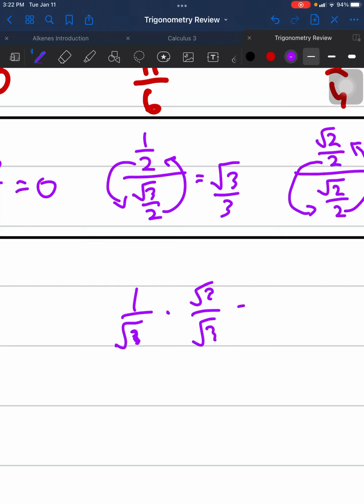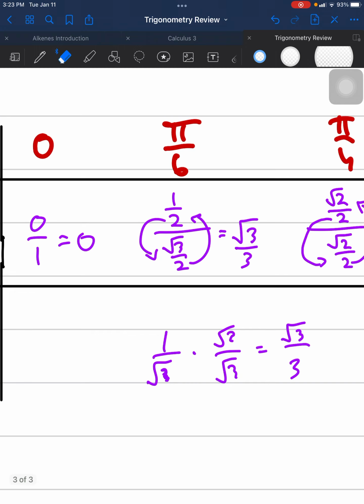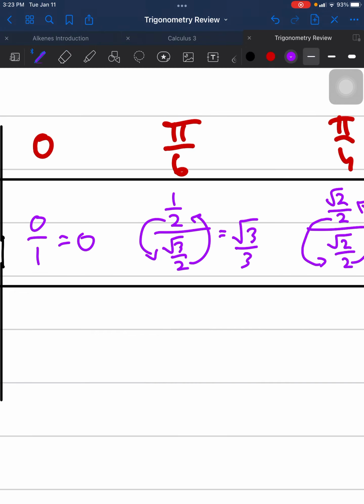So the conjugate of this is just simply radical 3 over radical 3, and this is just radical 3 over 3. So the value of tangent at pi over 6 is radical 3 over 3.